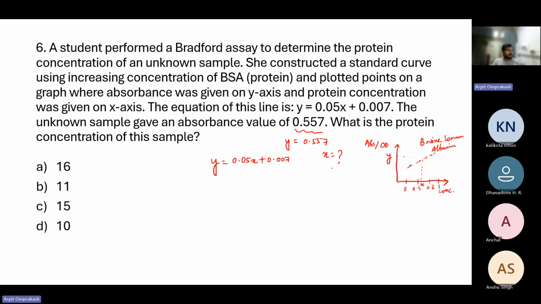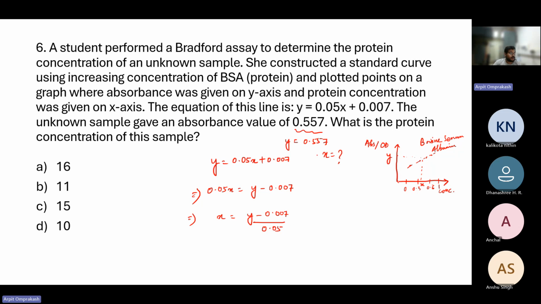So we'll just first rearrange this equation. We'll subtract 0.007 on both sides. We'll have 0.05x is equal to, and then we can just divide it by 0.05.